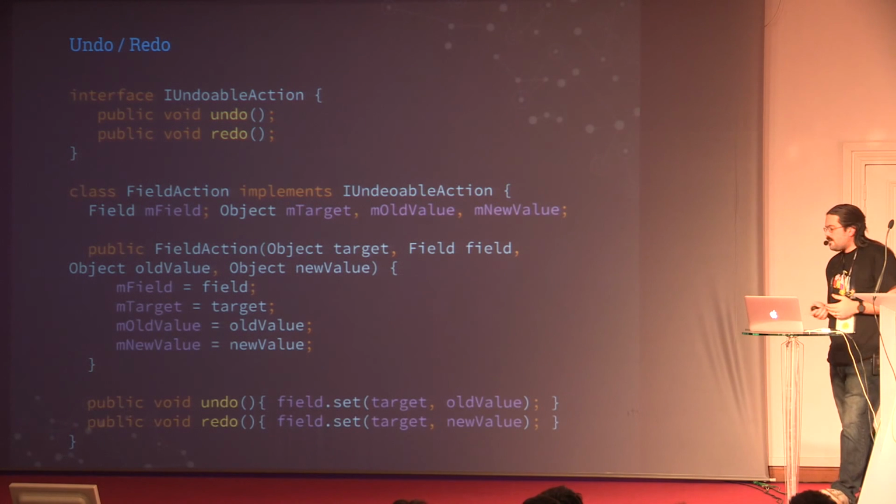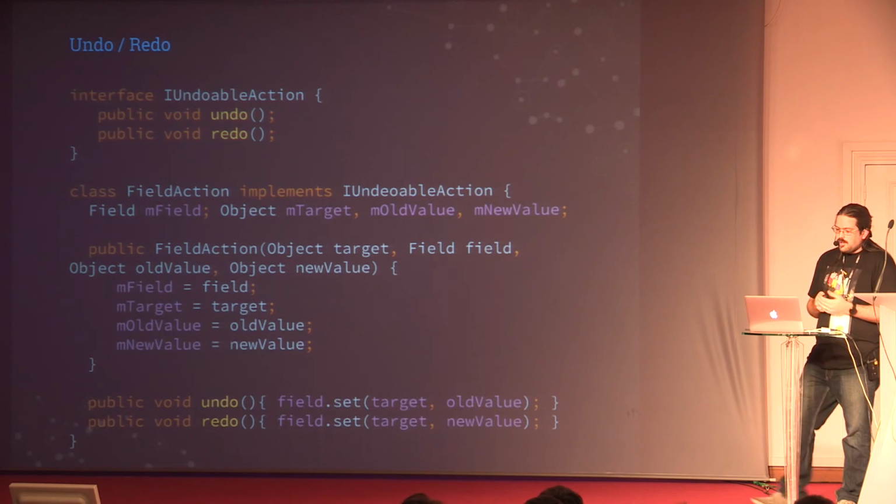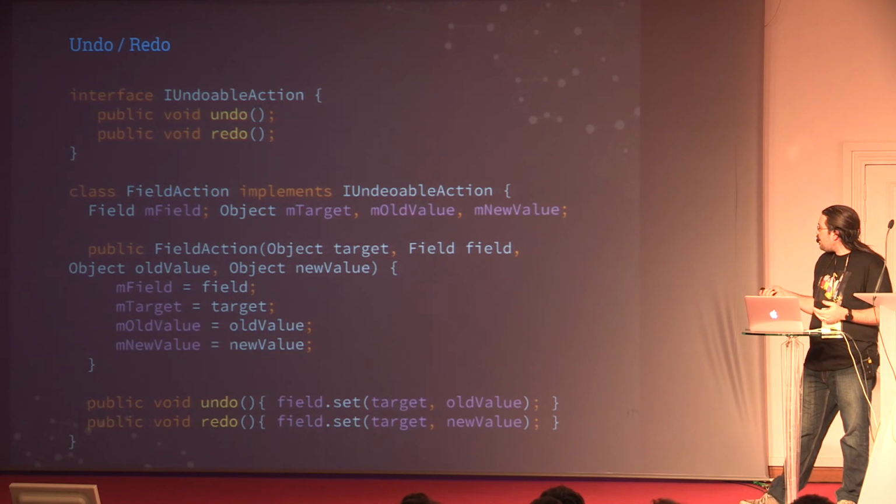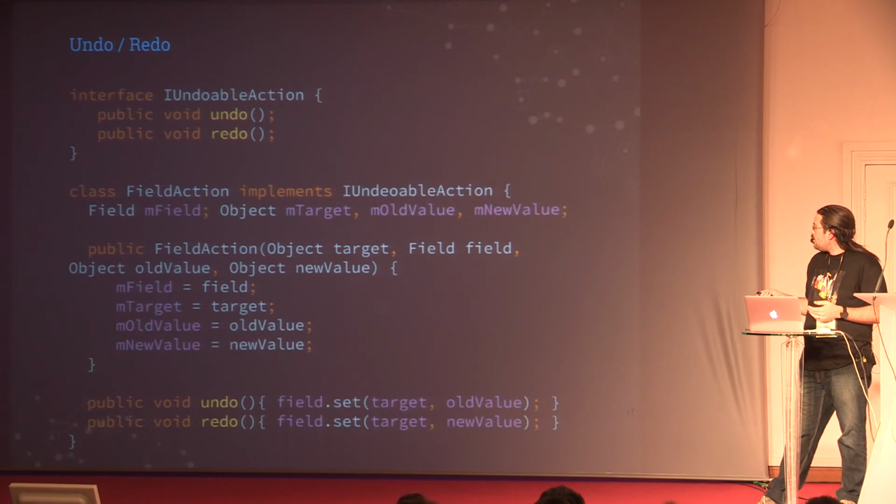Here's another example. We create an undoable action with undo and redo methods, and we are going to automatically create some field undoable action.